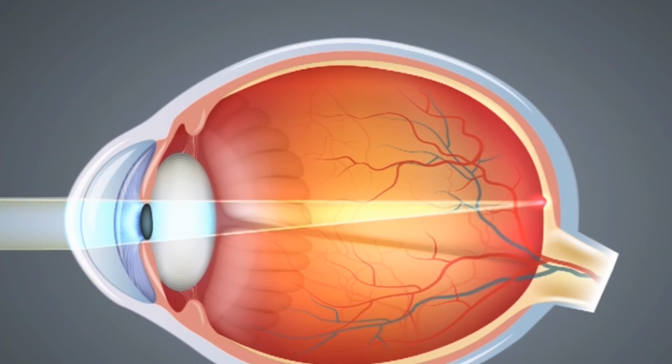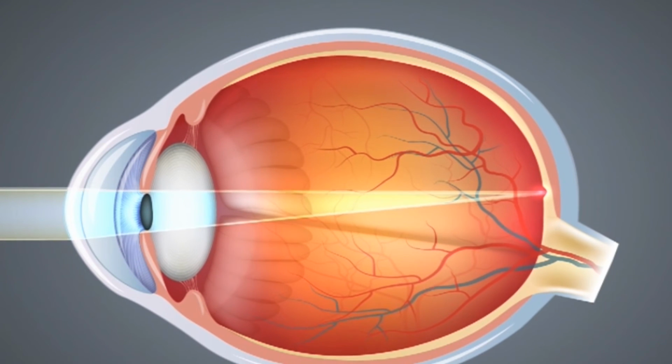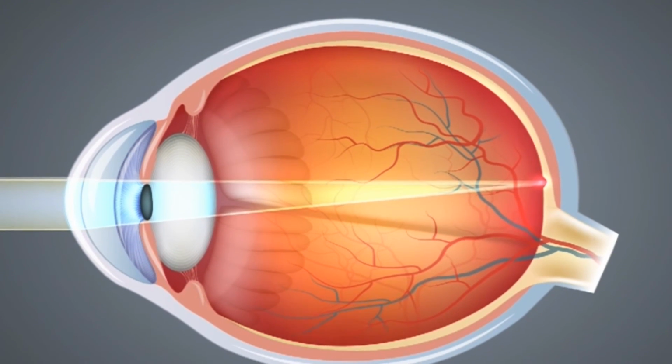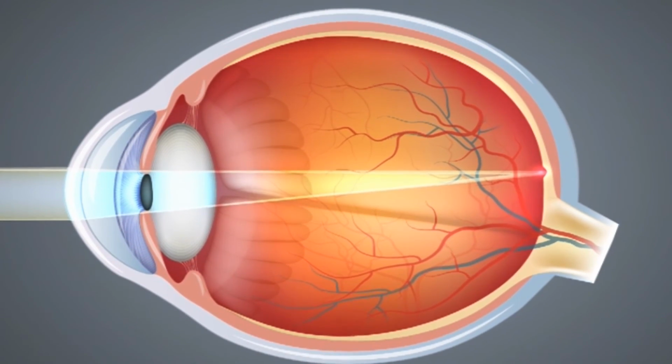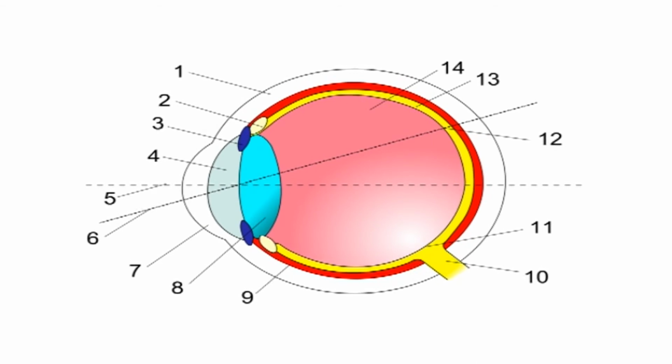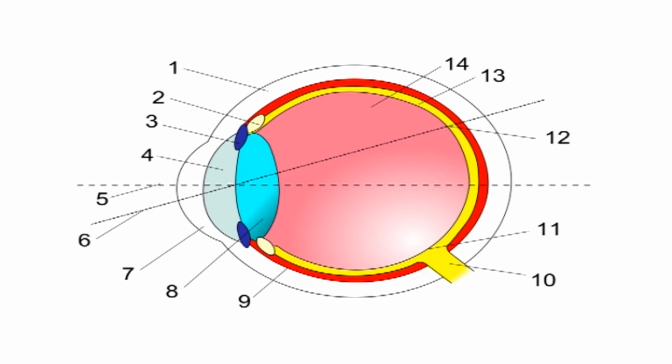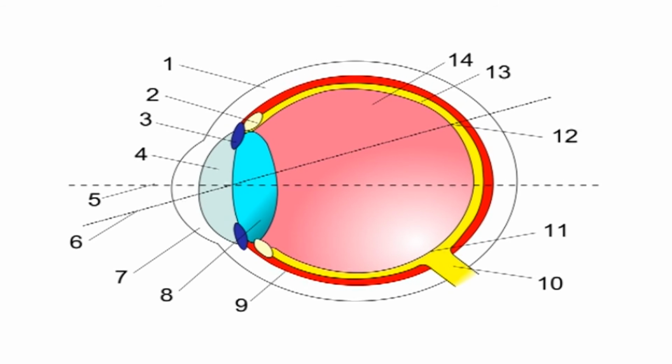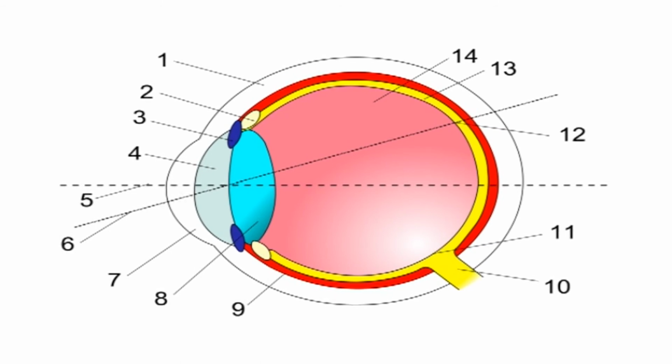Please see the figure, which is a diagram that shows the drainage angle of the eye. This diagram of the front part of the eye is in cross section to show the filtering or drainage angle. This angle is between the cornea and the iris, which join each other right where the drainage channels, the trabecular meshwork, are located.